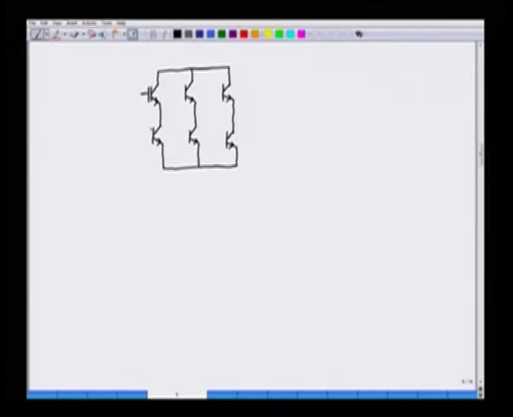So, these are the gates of the IGBTs. The feedback diodes.